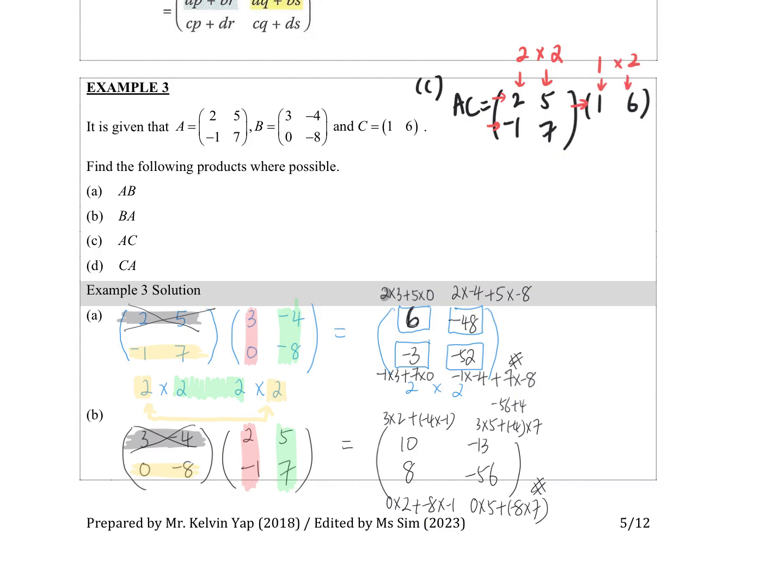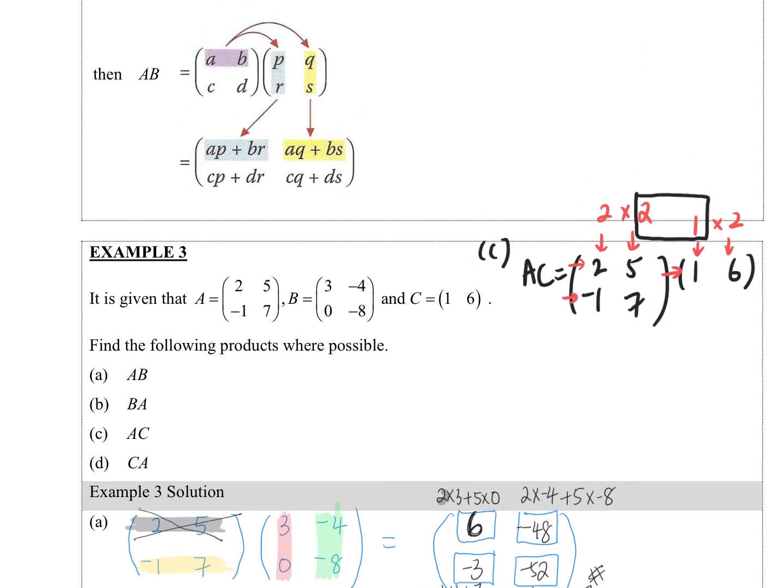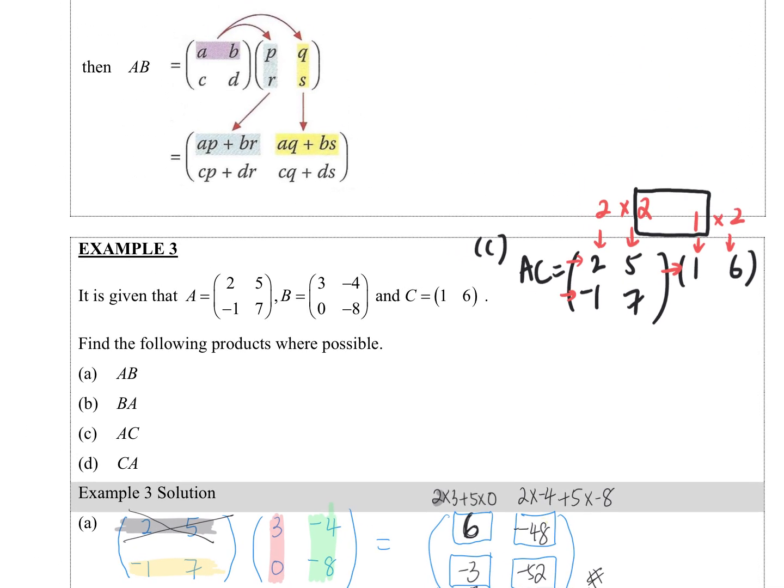If you look at this, the middle order is not the same, so this matrix cannot happen. AC does not exist.